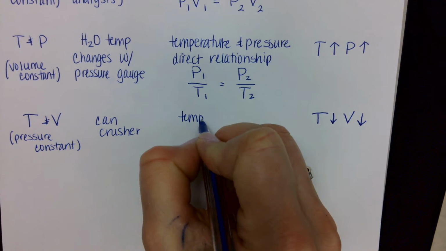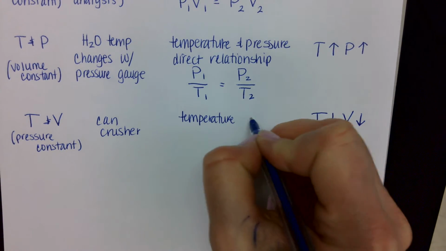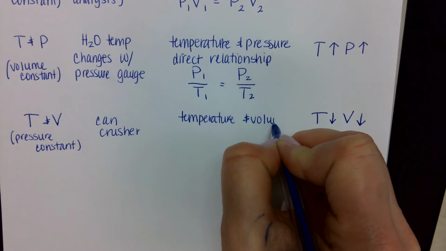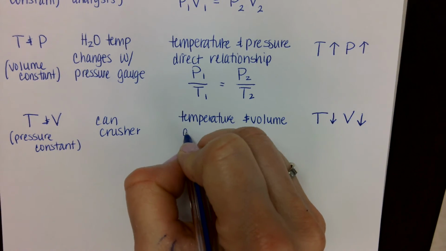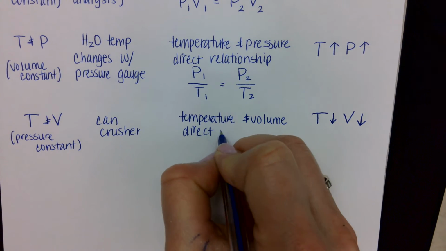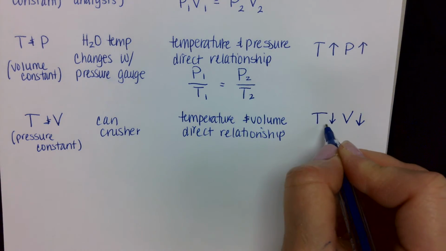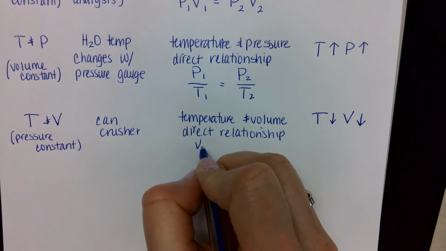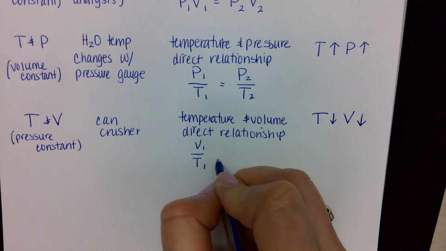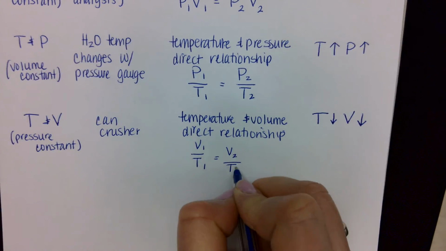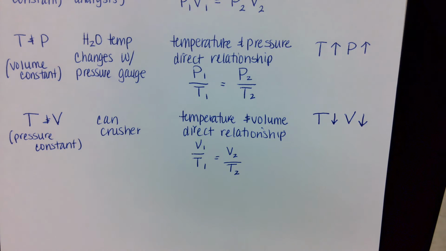So temperature and volume were the two variables, and this is a direct relationship. As the temperature decreased, the volume decreased, and our mathematical equation would look like this: V1 over T1 is equal to V2 over T2.